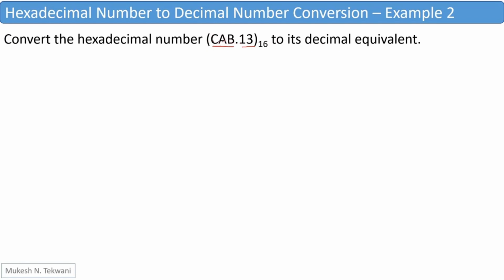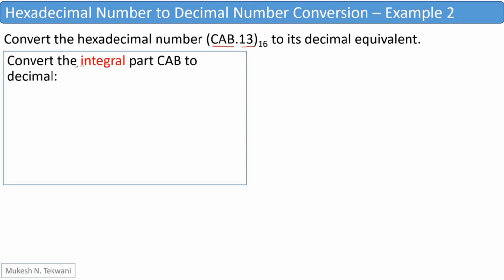So let us start with the integer part, CAB. So we convert the integral part CAB to decimal. CAB can be written as C into 16 raised to 2 plus A into 16 raised to 1 plus B into 16 raised to 0. So remember, this B is the least significant digit, and as we move from the least significant digit towards the left, we keep on increasing the power of 16 by 1. So 16 raised to 0, 16 raised to 1, 16 square.